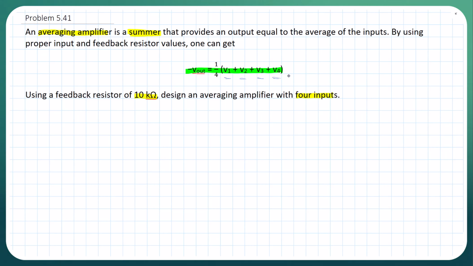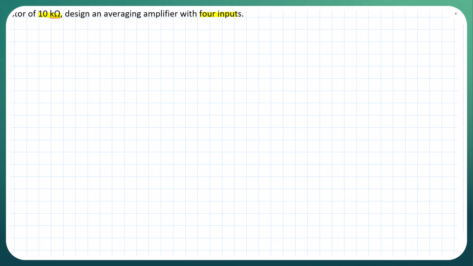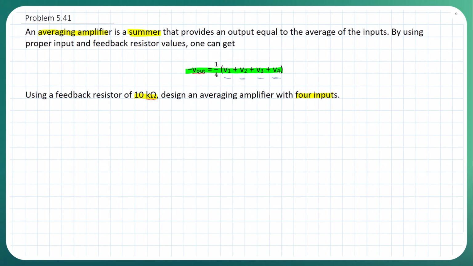But before we move on and solve this problem, it's always good to write down the equations. So for the summing amplifier, we know that V output has to equal minus, and then we do the feedback resistance, RF over our initial, so we have 4 inputs.